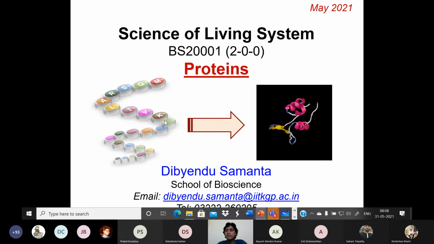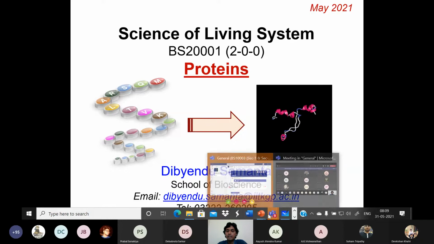Primary structure means just the order of the amino acid sequence, and it folds into a three-dimensional structure so that it can function properly. So every protein has its own three-dimensional structure with specific properties so that it can carry out a particular function.